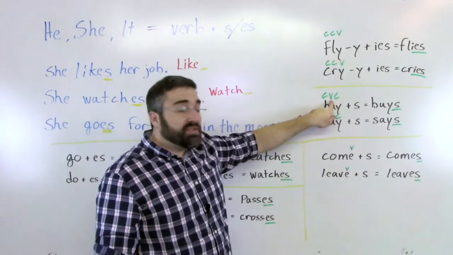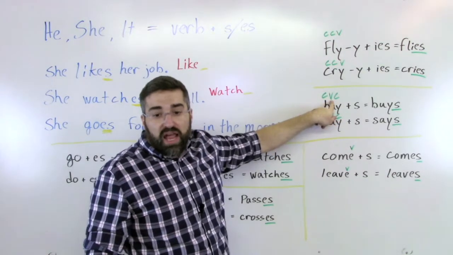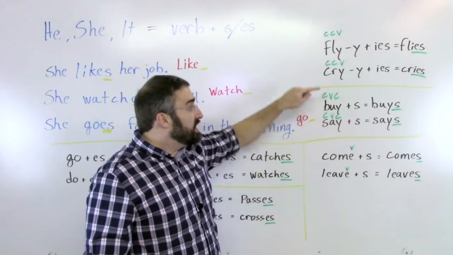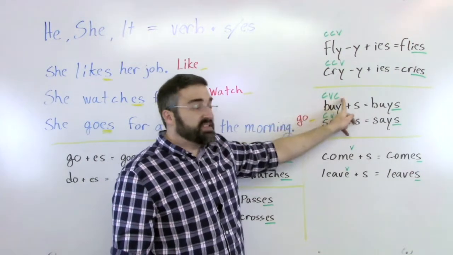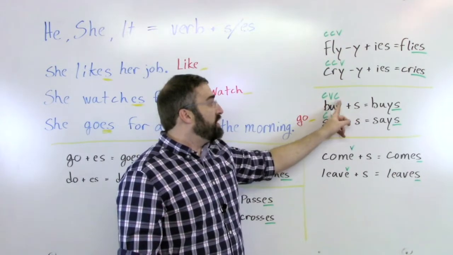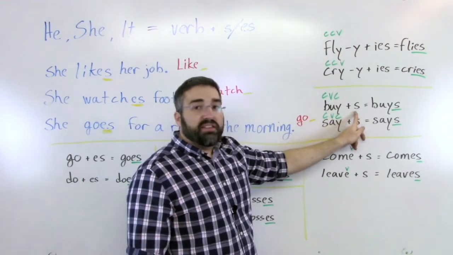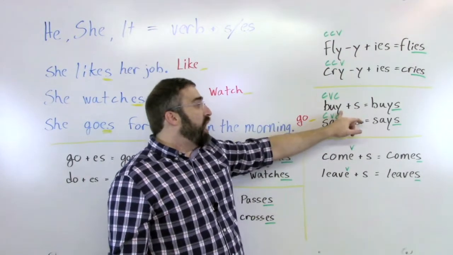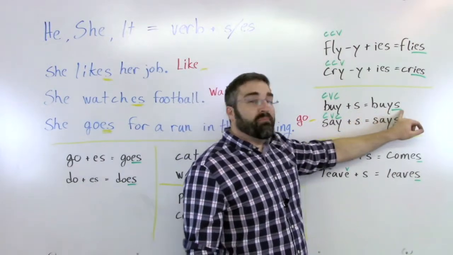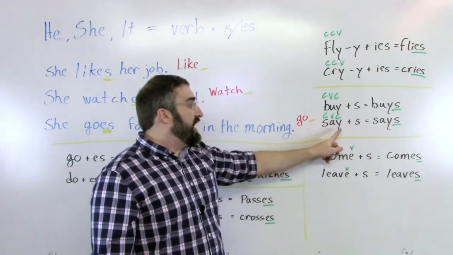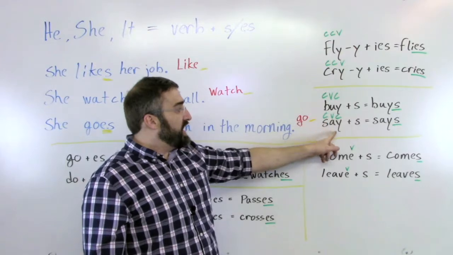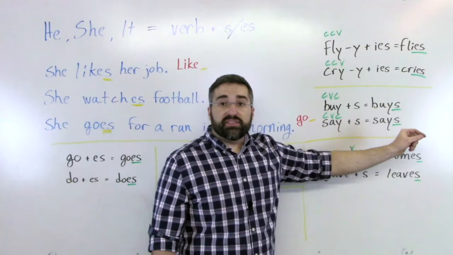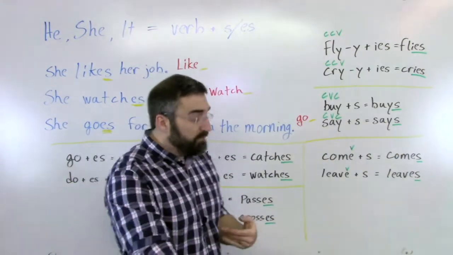We have vowels, A, E, I, O, U. So if we have consonant, vowel, consonant, we just add the S. We don't need to add an ES or anything when we have a Y there. So we end up with buys. Consonant, vowel, consonant again, S-A-Y. We add an S and we have says. So she says or he says.